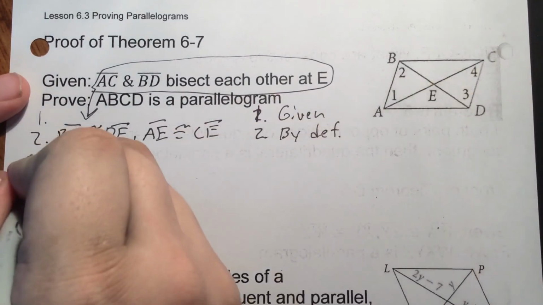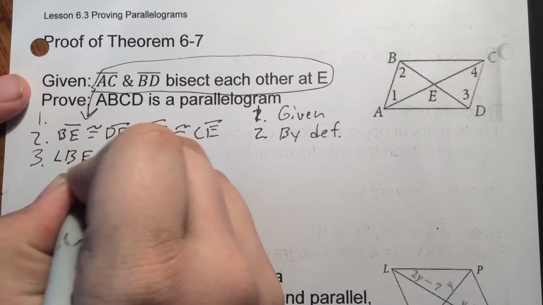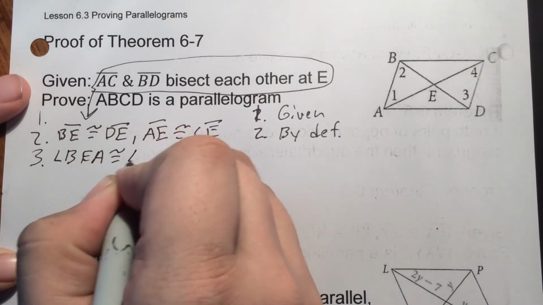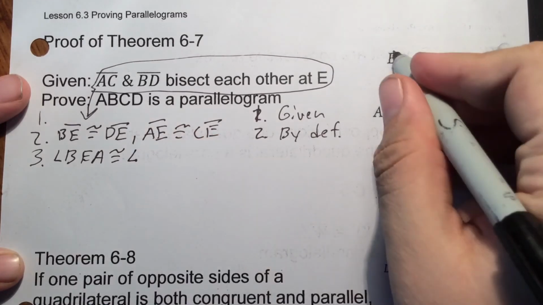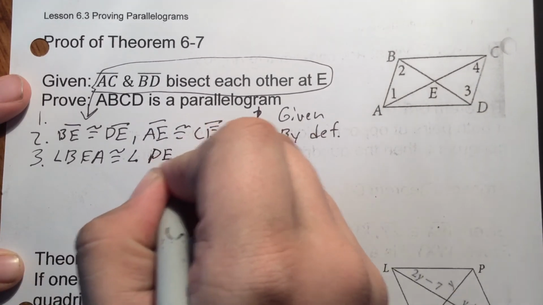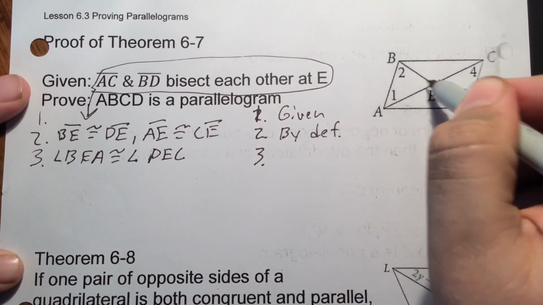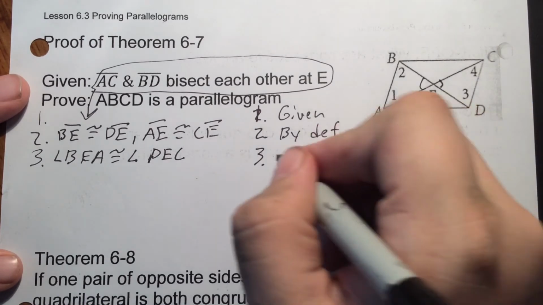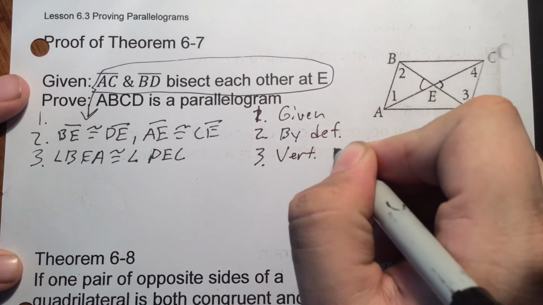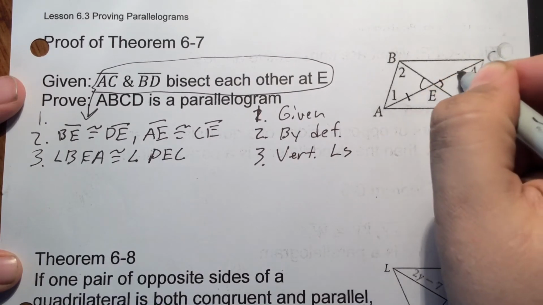We can also say then for 3 is that angle BEA would be congruent to angle DEC, so we're looking right here. Those are vertical angles. So now we have this side and this side.